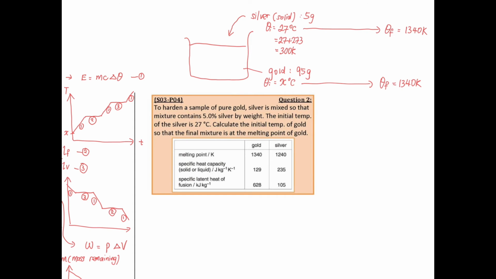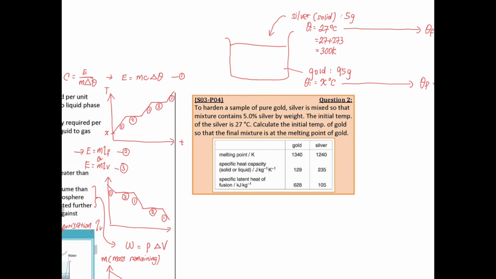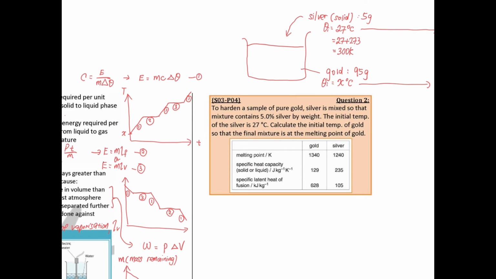Okay, so now let's consider silver alone. Silver alone starts from 27 degrees Celsius, which is a solid. So this graph is applicable. Let's recycle the graph. Let's say for this case, 27 degrees Celsius for the silver, and you heat up the solid.